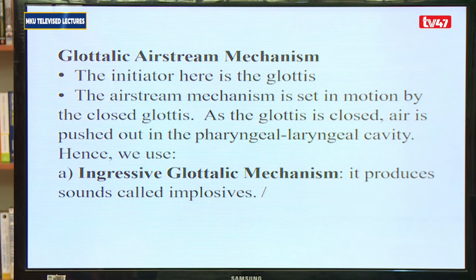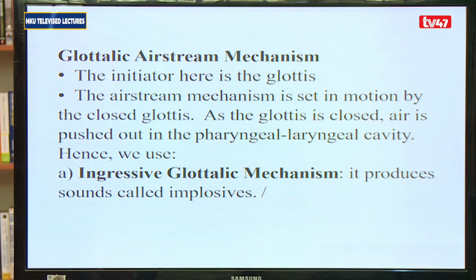Then we have glottalic airstream mechanism. As we said, the organ that is involved in the initiation is the glottis. Now the airstream mechanism is set in motion by the closed glottis. As the glottis is closed, the air is pushed out in the pharyngeal laryngeal cavity.